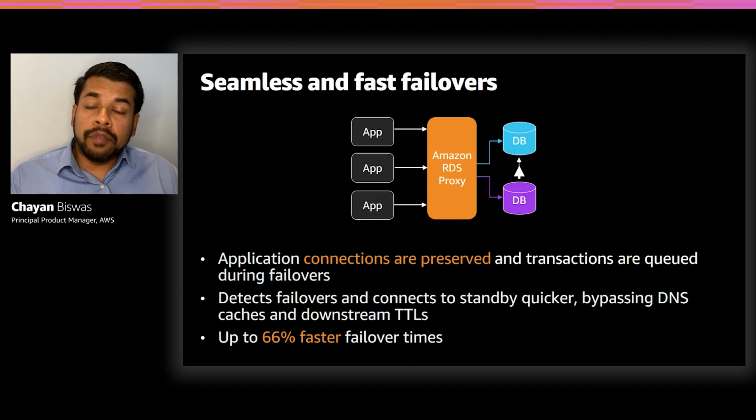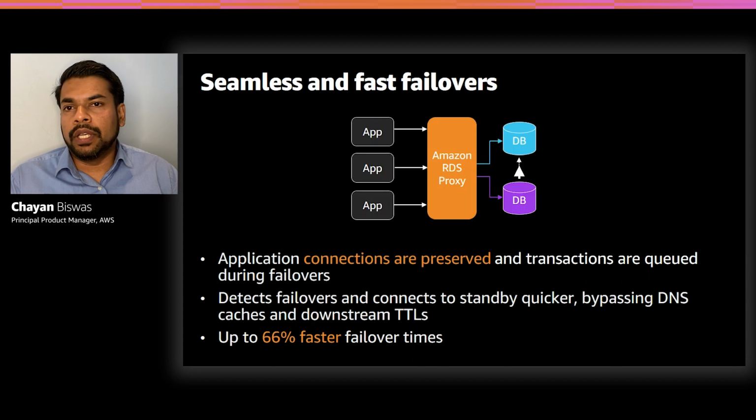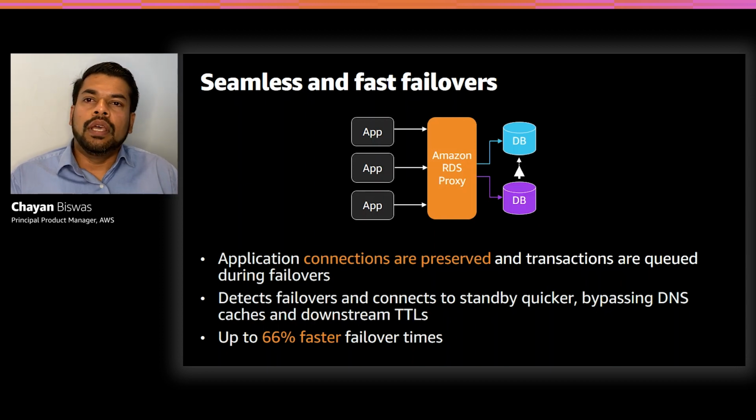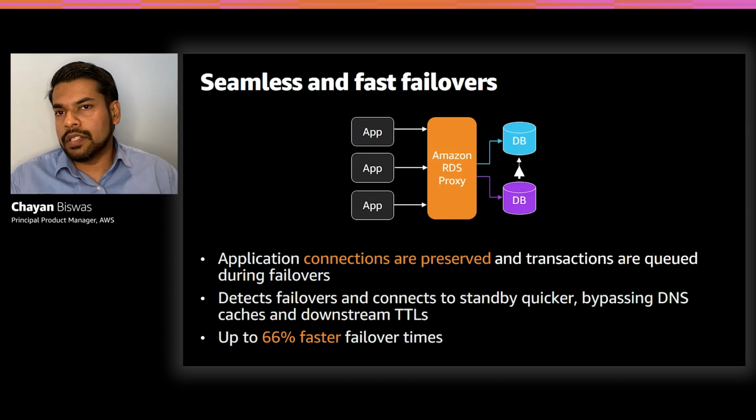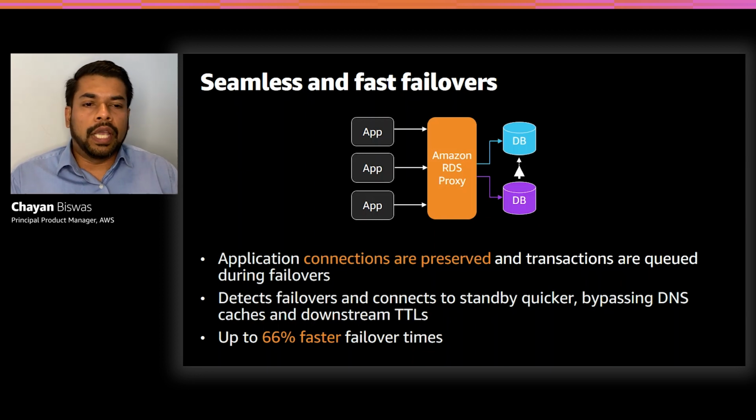And as a net effect of this, what you get is up to 66% faster failovers and seamless failovers, because your application connections are now not being disrupted. You are not seeing any interruption from the failover. You only see an increase in latency as the failover happens. So any transactions you execute will have to wait in the queue and then they get executed. Again, I'll touch upon this aspect of the proxy in the demo as we move along.